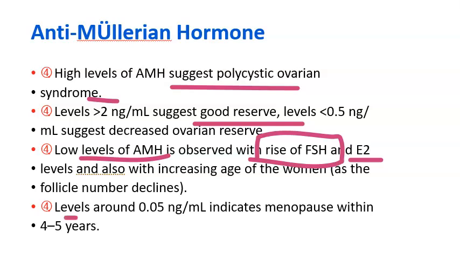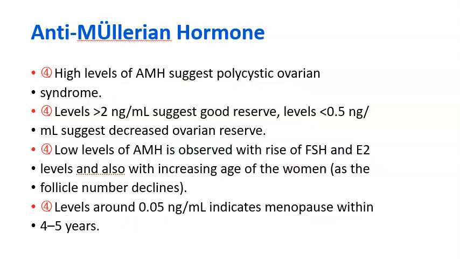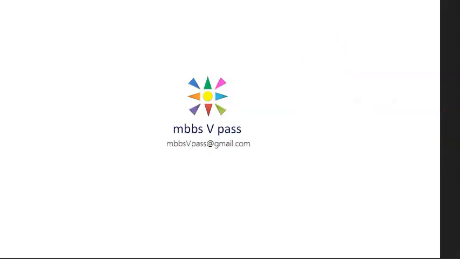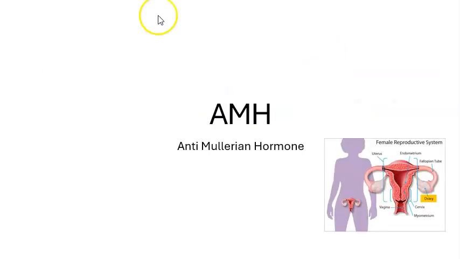And if the level is around 0.05 nanogram per milliliter, then it indicates menopause within 4 to 5 years. According to age, they have not written the levels here, correct? So it just talks about the quantity and not the quality of the follicles that we have told you.